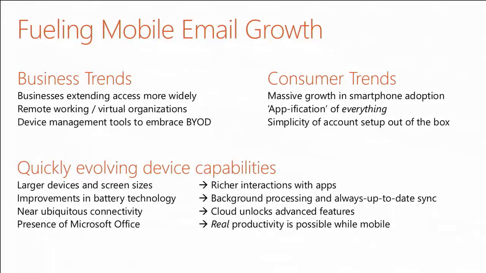More and more, we see the majority of that mail read through a mobile device. We also see the amplification of everything. So taking some piece of this whole, what we used to call PIM, personal information management, and breaking it down into a specific app, optimized for a great user experience for that particular piece of functionality.